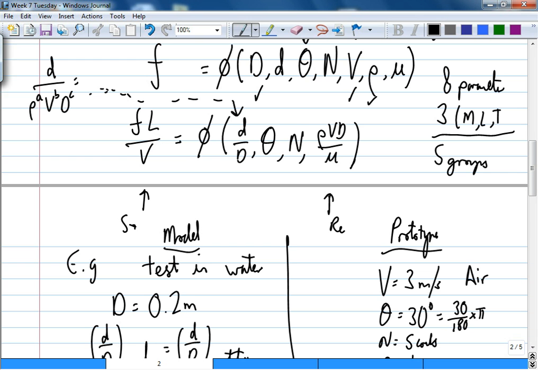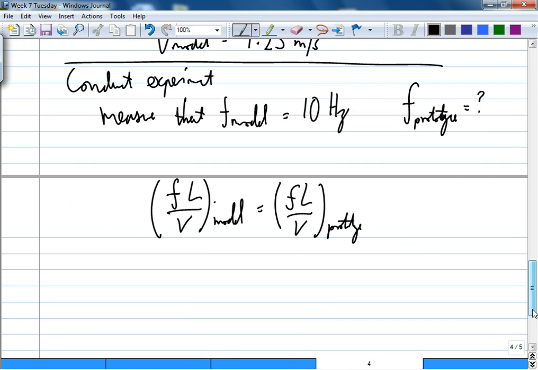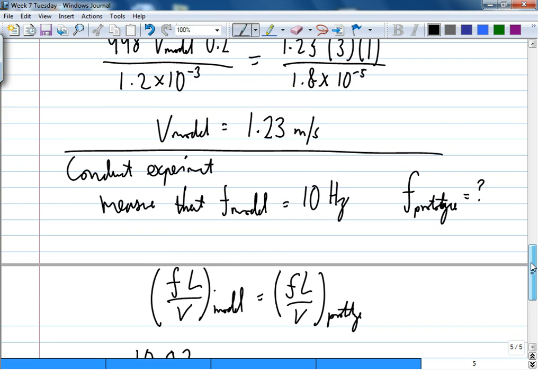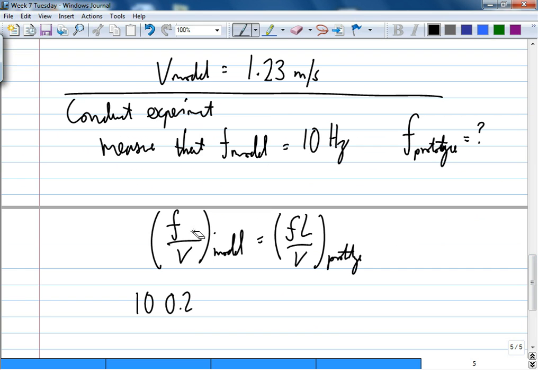So I measure F on the model to be 10 hertz. Length of the model is 0.2. It's the diameter, so D. I'm using rho V and D, so D is there. Divided by the velocity of the model, 1.23, is equal to F prototype times 1 over 3.